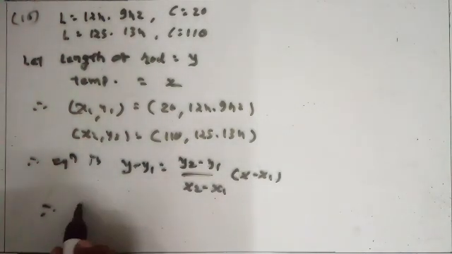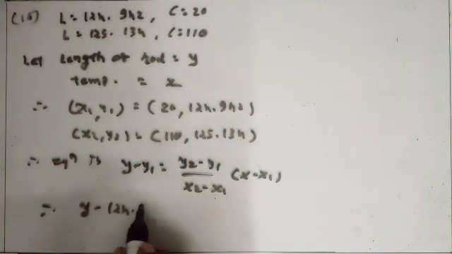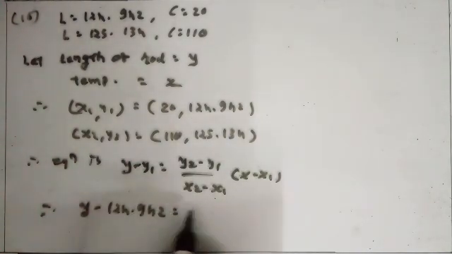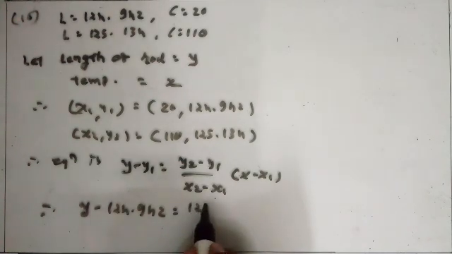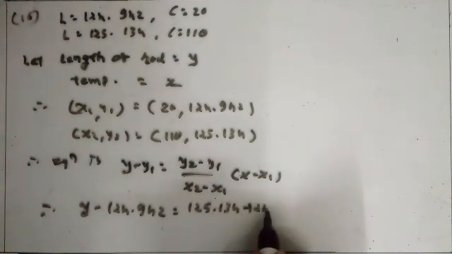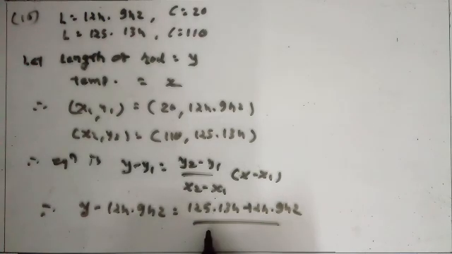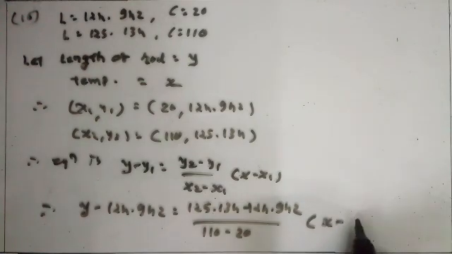Simplify this. y minus 124.942 is equal to 125.134 minus 124.942 upon 110 minus 20 into x minus 20.